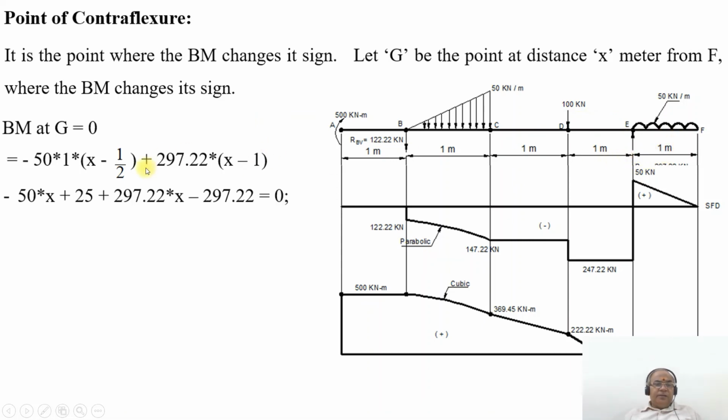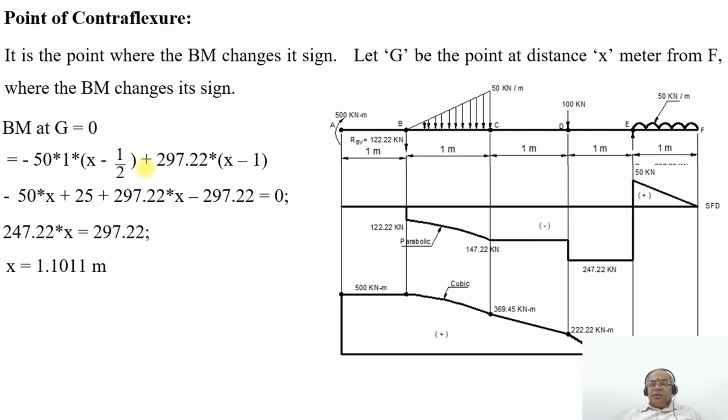On simplification, you will get the value of x as minus 50 into x plus 25 plus 297.22 into x minus 297.22 will be equal to 0. Therefore, 247.22 into x will be equal to 297.22.